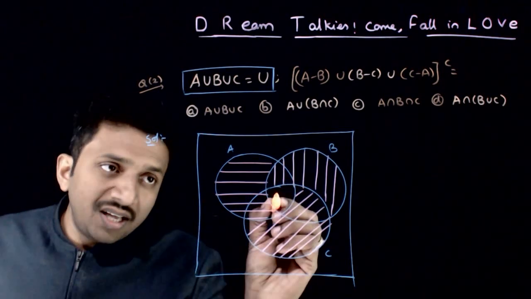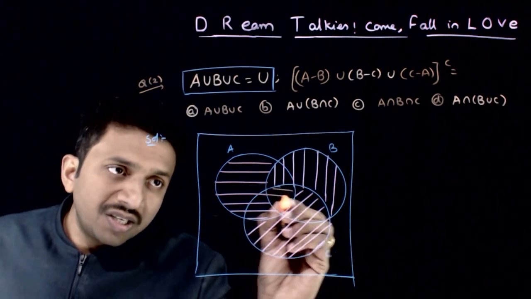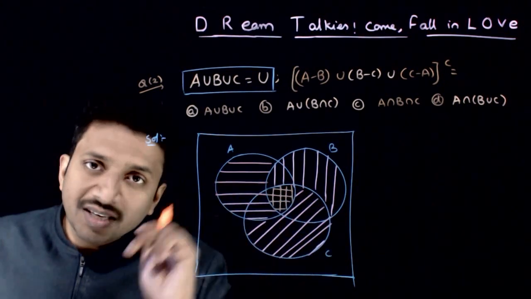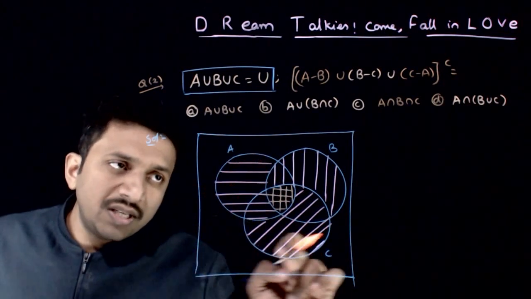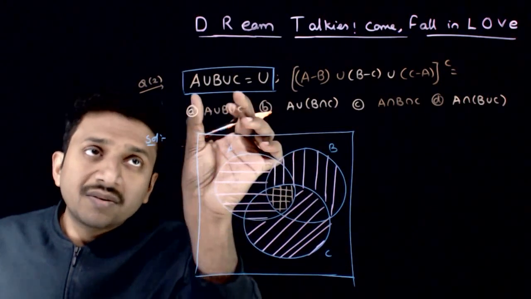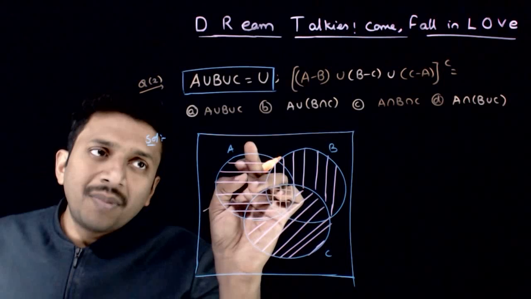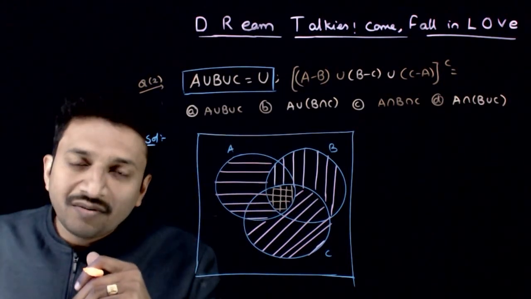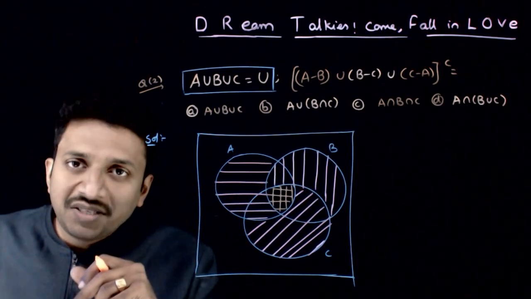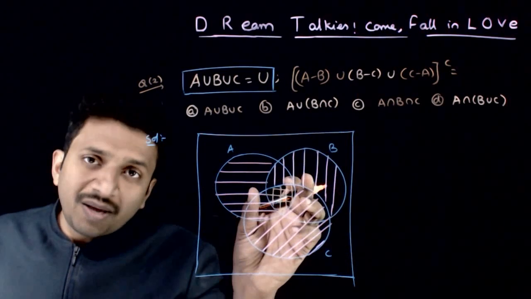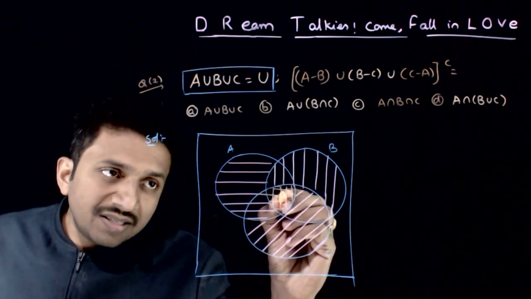As you can see, the remaining portion is just this area, and the area outside is remaining. But the area outside is a null set, because all these three sets combined form the universal set. So there is no other region apart from A, B and C. Hence, the whole complement is this region.